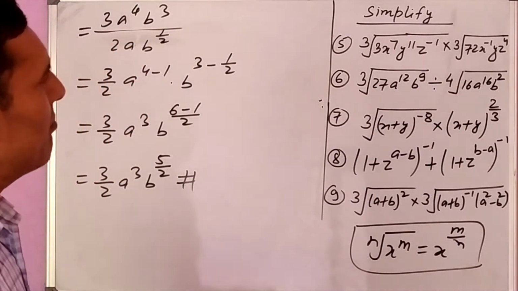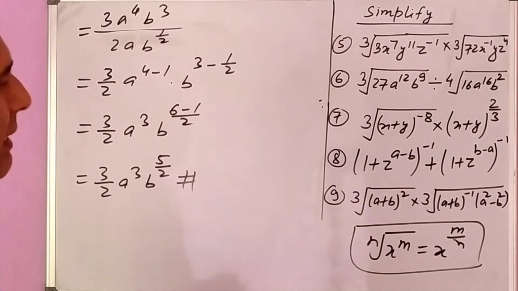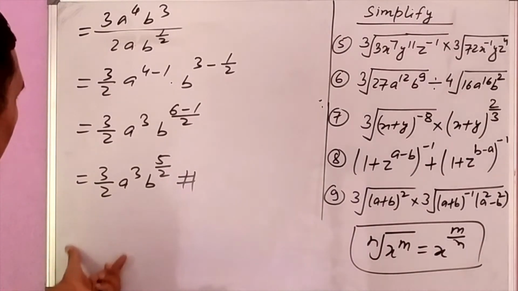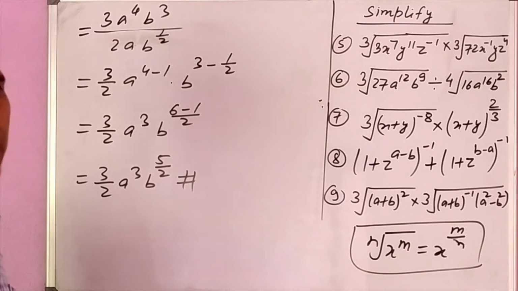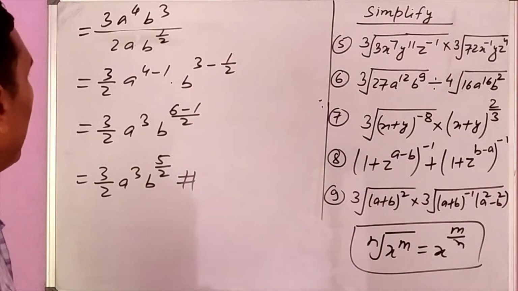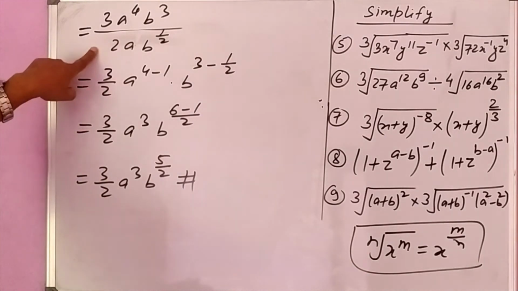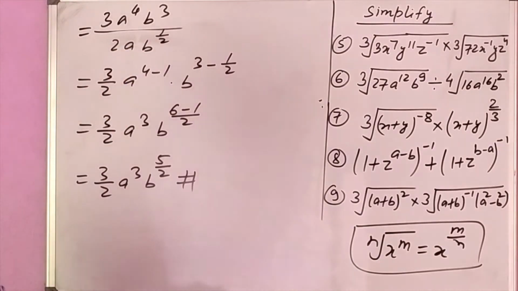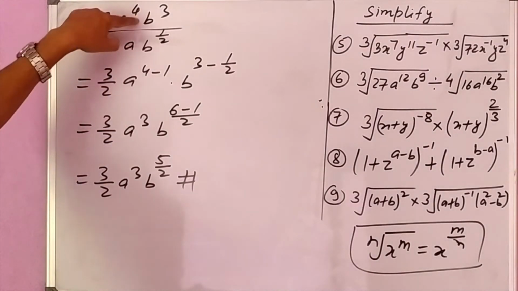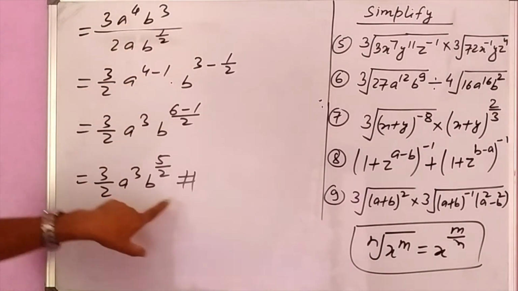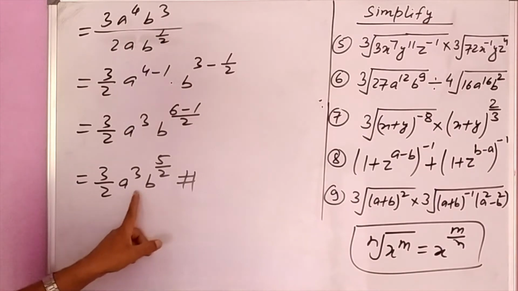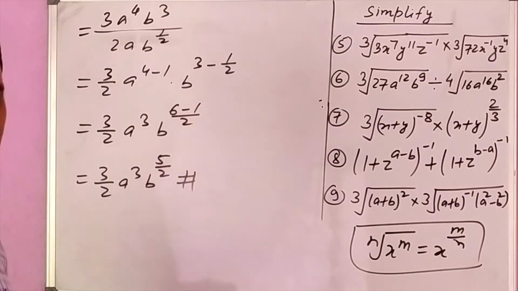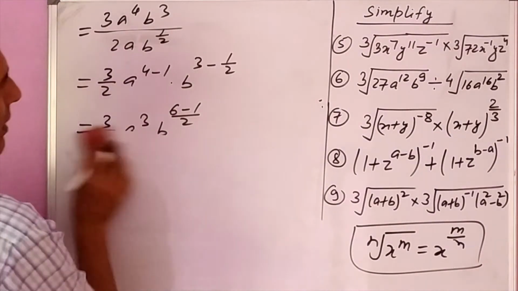We cannot keep them within the same radical sign. So we have to simplify both numerator and denominator separately. And finally, if we have the same base with different powers, the powers on the same base can be collected. We have collected this in the numerator. In this way, we get 3 by 2, a cube b to the power 5 by 2. So this is number 6.